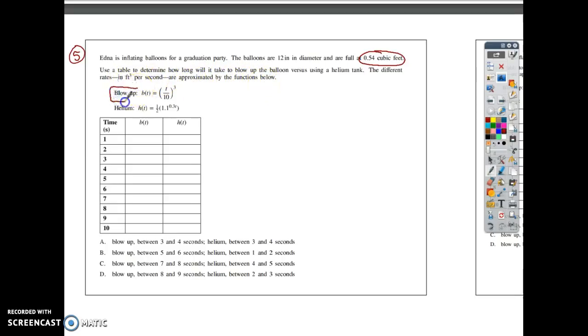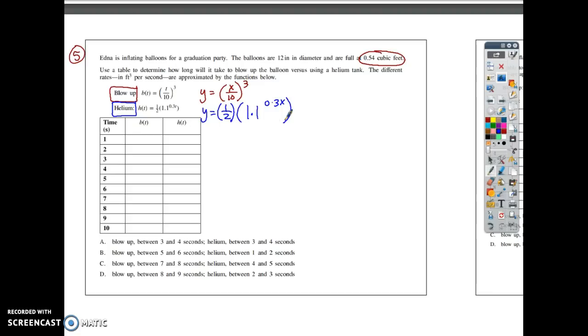So if we blow it up, this is the equation. y equals (x over 10) to the power of 3. And if we use helium, that's y equals 1/2, which is going to have to be in parentheses, 1.1 to the power of 0.3x.